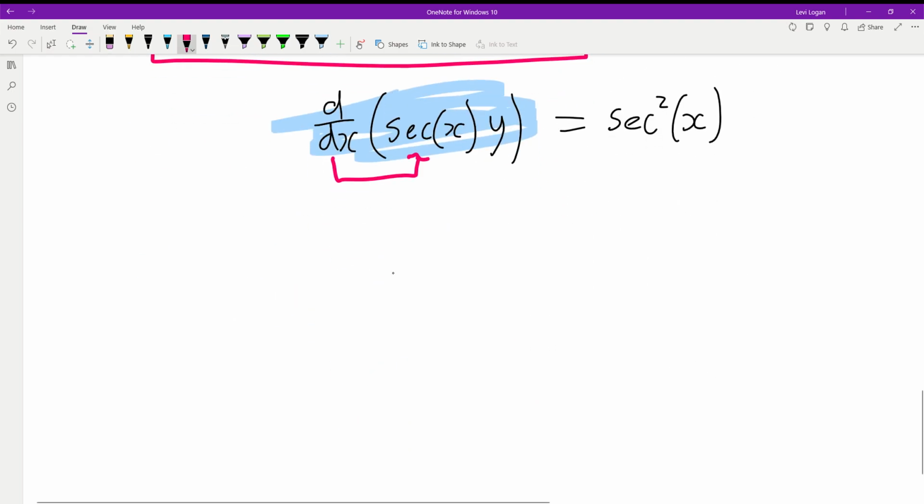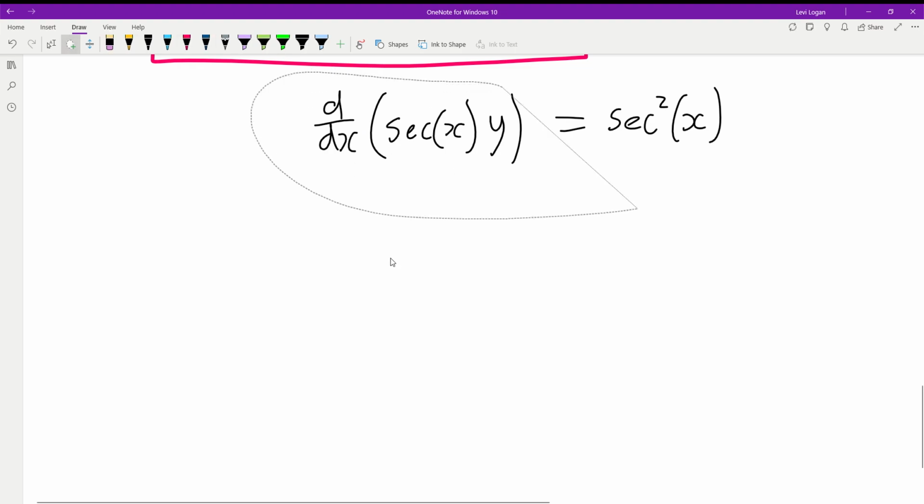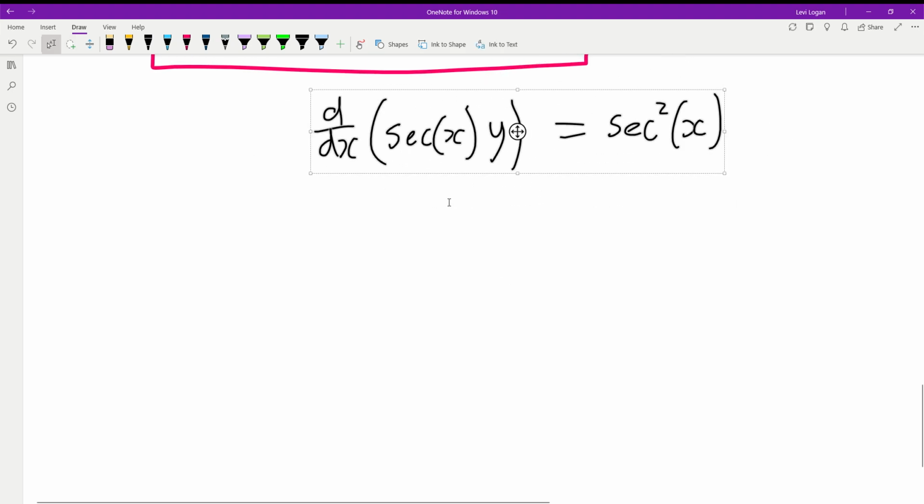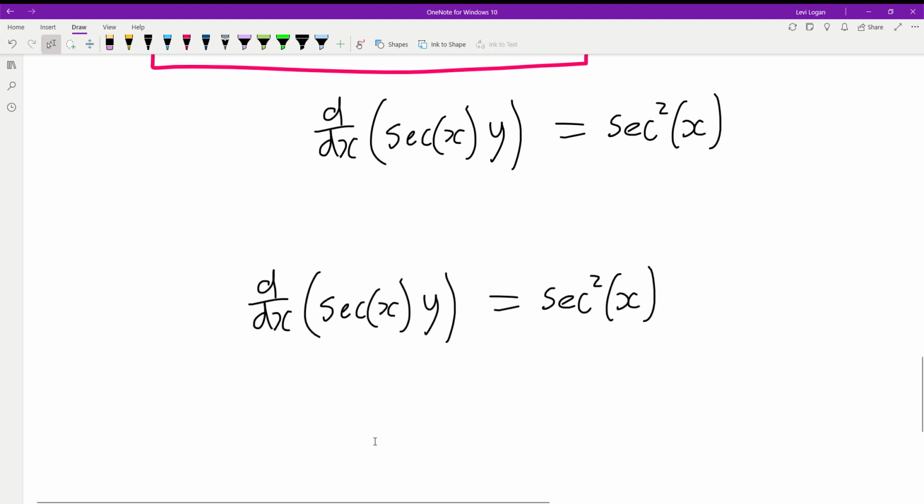Now, the reason why this is good for us is that I want to get y by itself to solve the differential equation. To undo this operator, all I have to do is integrate both sides with respect to x. The mechanics behind this would literally be this: integral dx, integral dx.